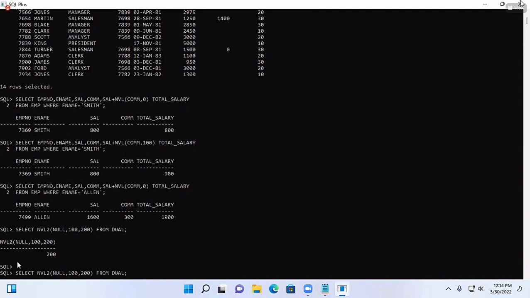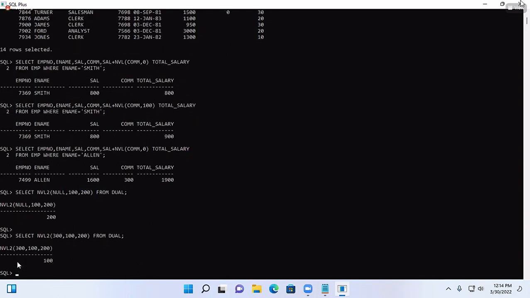Suppose I pass expression 1 as 300, for example: 300, 100 and 200. Now tell me, is your expression 1 null or not null? Not null. How much is there? 300 is there actually, but what does it return? 100 is returned. The expression 2 value is returned. Write this down.